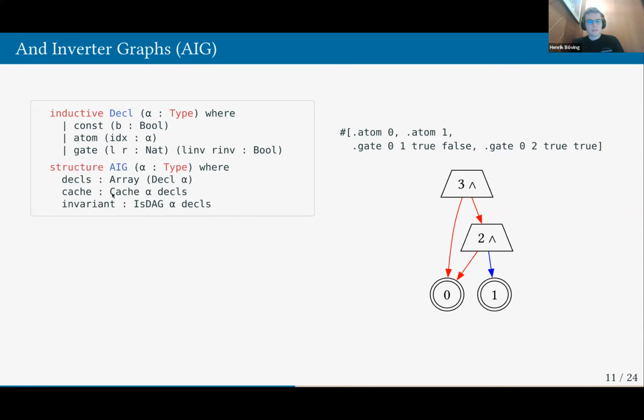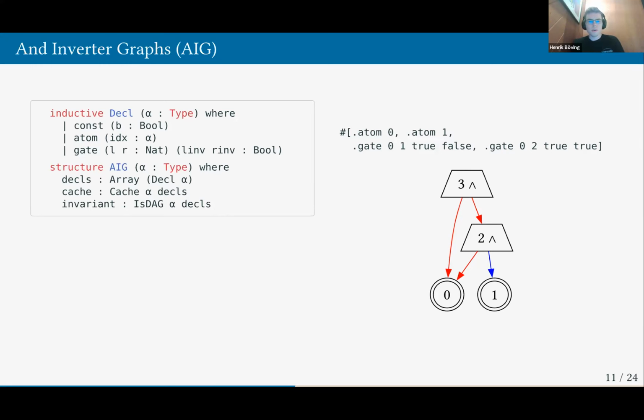And for that, we have this cache, which is a wrapper around the formally verified hash map that we recently added into the standard library. And it's just a hash map that goes from declarations to indexes in the array.